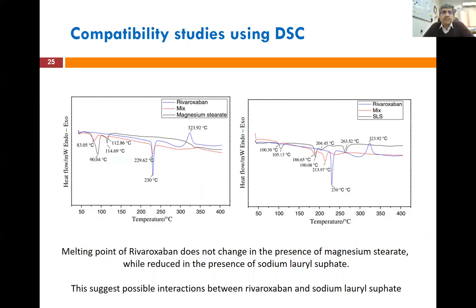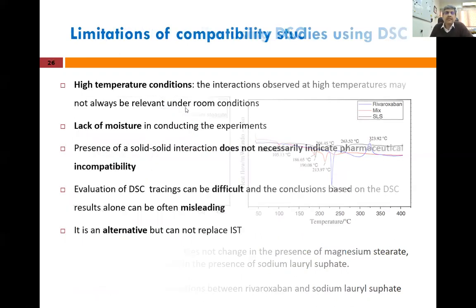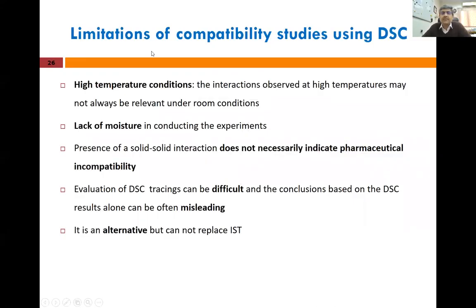So it takes about 4 weeks to get the data of the compatibility studies using isothermal stress testing, but the same data can be obtained using the DSC within a few hours. So that is the power of DSC, that it can give you a very rapid indication of the compatibility between the drug and the excipients. However, there are certain limitations of doing compatibility studies using DSC, and we must be aware of them.